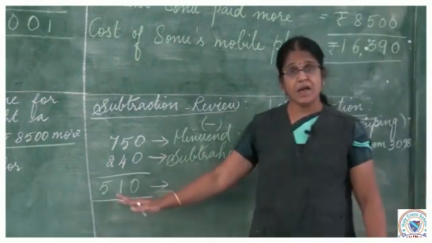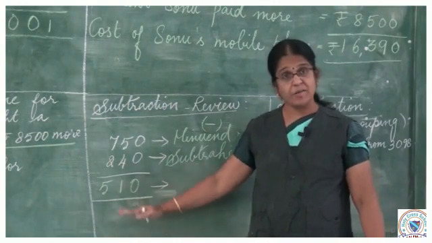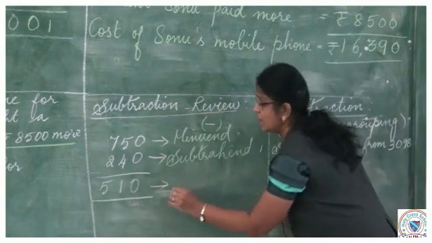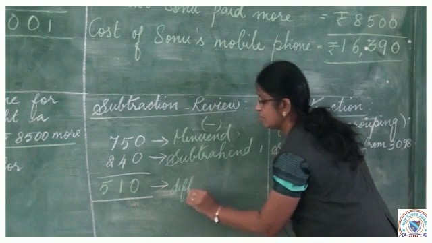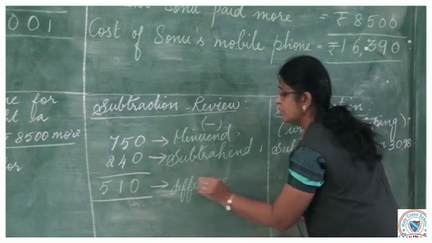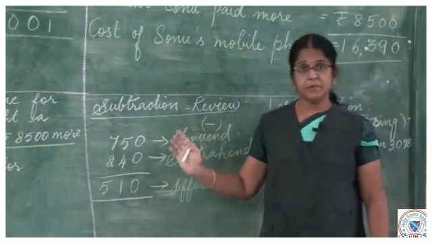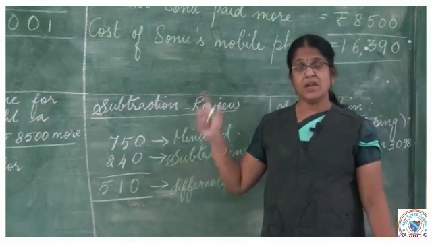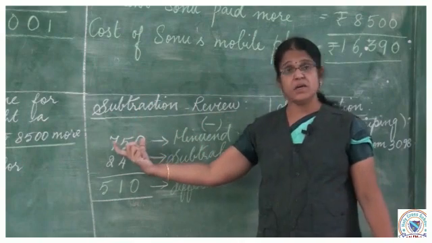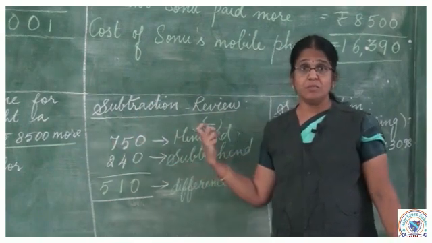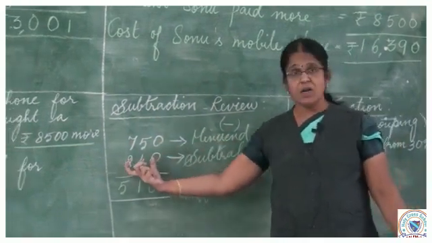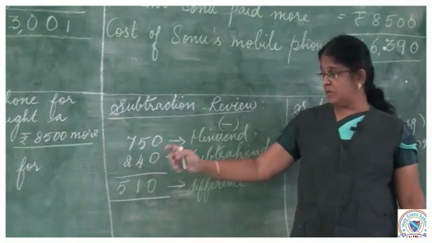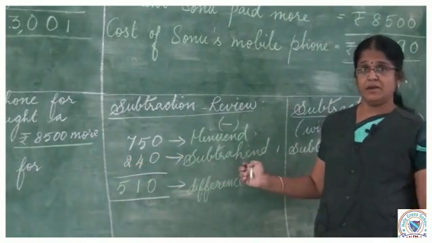And the final answer, what you get after subtraction, is called difference. Please remember, for subtraction, always the larger number should be on the top. That is called minuend, and the small number should be at the bottom, that is subtrahend.